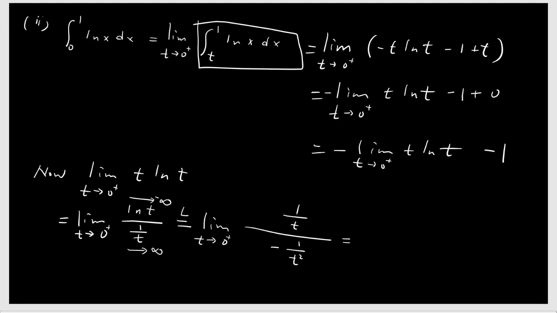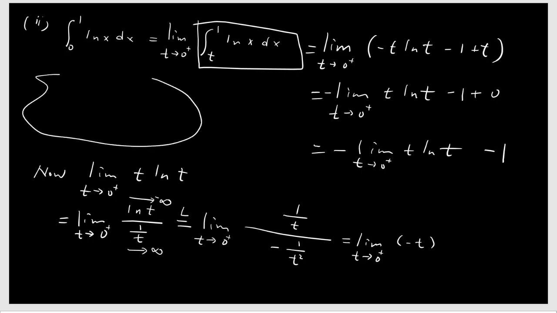So you end up with, simplify a little bit, okay? You have the limit as t approaches 0 from the right. Do you have negative t? You have negative t, right? I will show you why. So basically you have 1 over t divided by -1 over t squared. So by that we mean you have 1 over t times, invert and multiply, right?